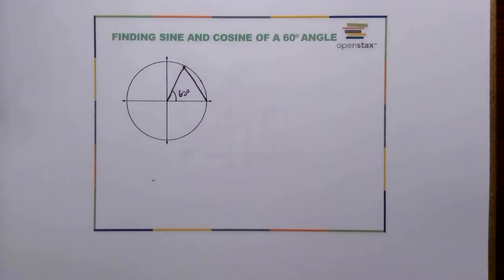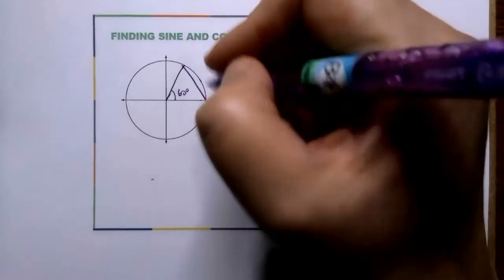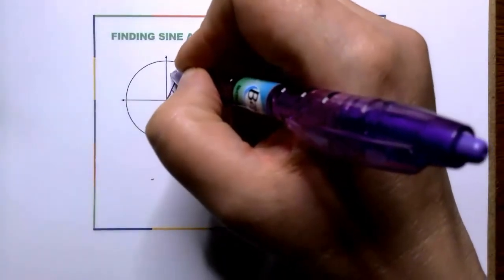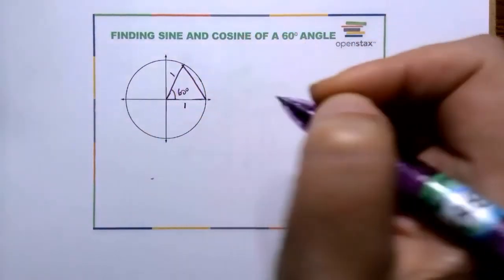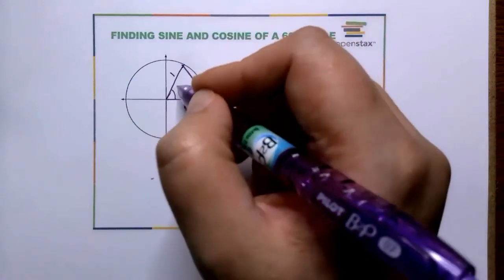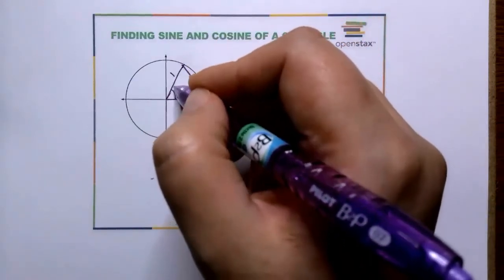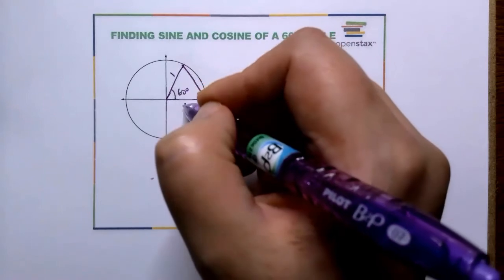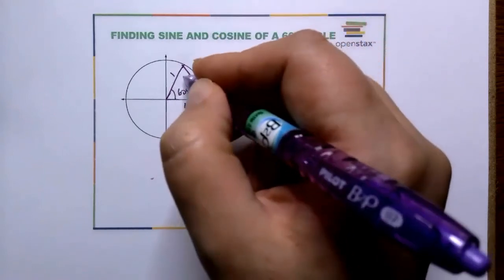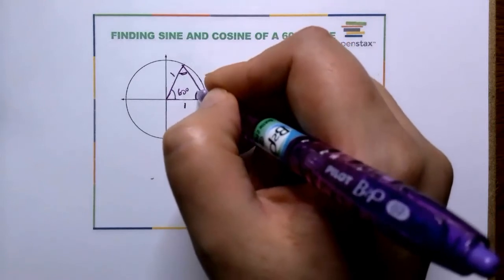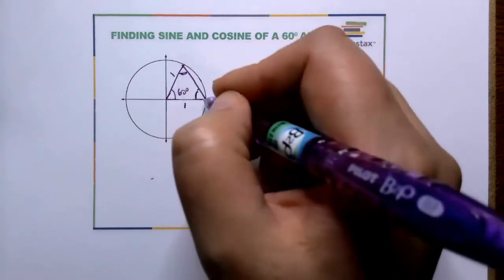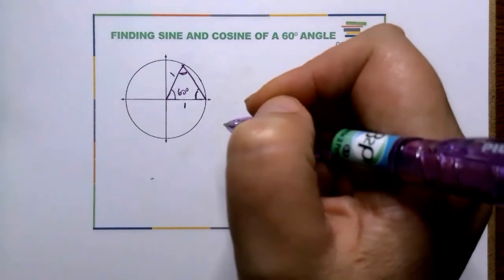We're going to use the same rationale as before. We know that this side of the triangle is 1 and this side of the triangle is 1. So we have same sides, which means that the angles across from those sides are also the same.